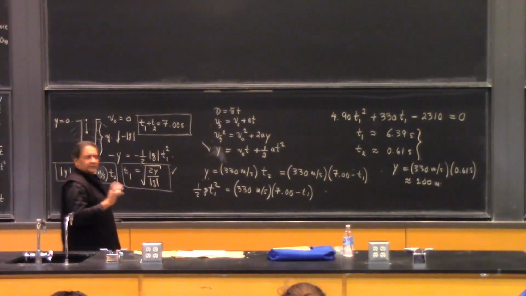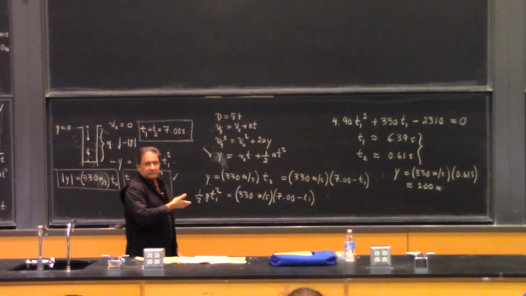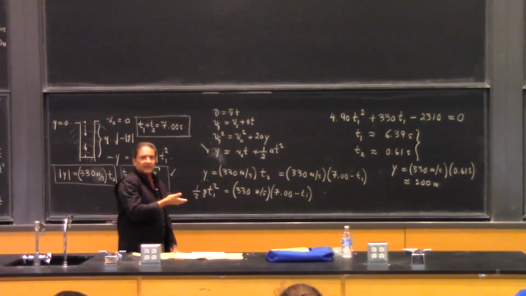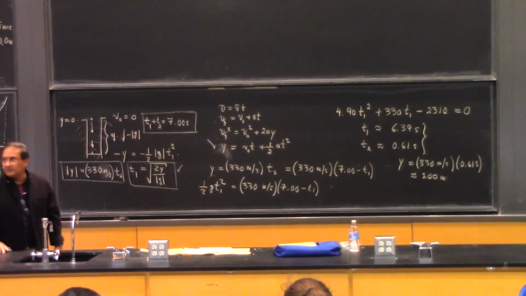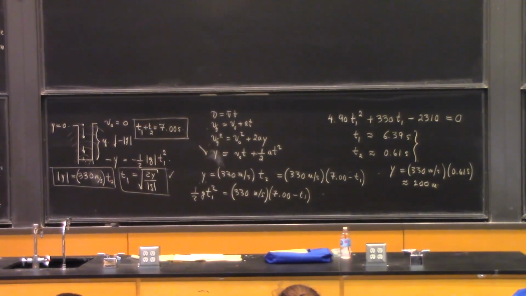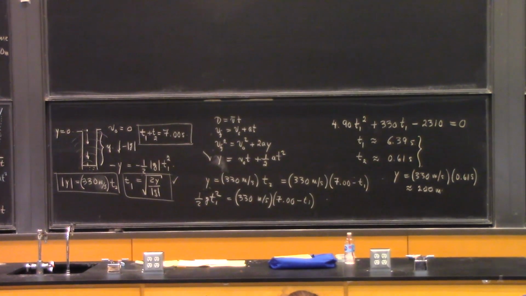So there are multiple ways of doing this problem, obviously. There is nothing special about finding t1 first or finding t2 first. As long as you do the algebra correctly, you will get the right result. So there is nothing surprising about that. But just be confident about how you do these problems.